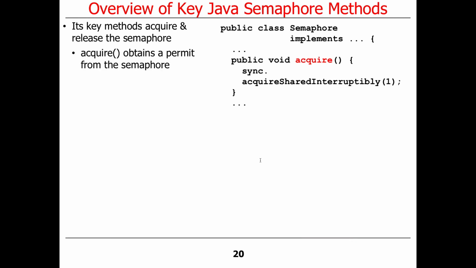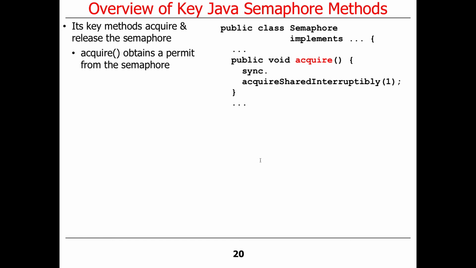All right, so let's take a look at acquire. Acquire obtains a permit from the semaphore, and you can see it calls acquire shared interruptibly with a count of 1. That means I want to acquire, or rather increment the count of the semaphore by 1, and I'm going to do it in a so-called interruptible way.